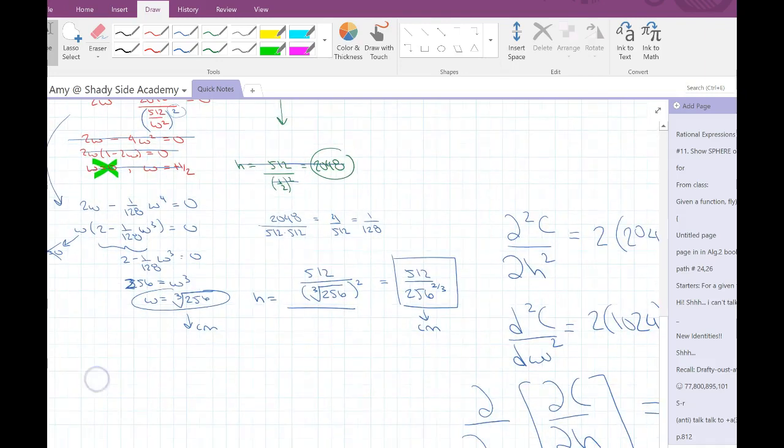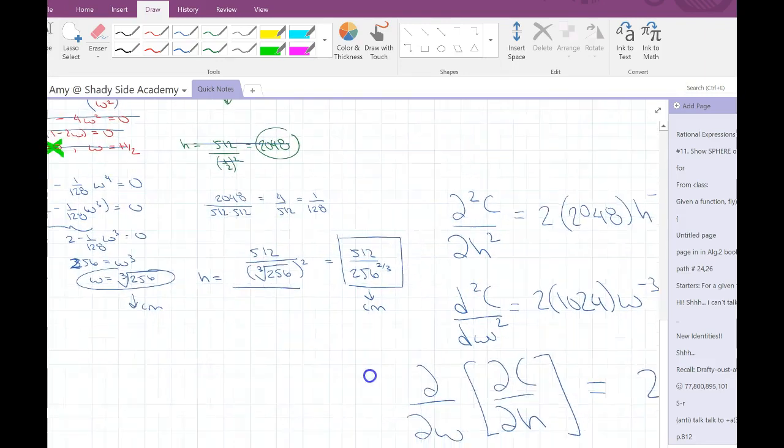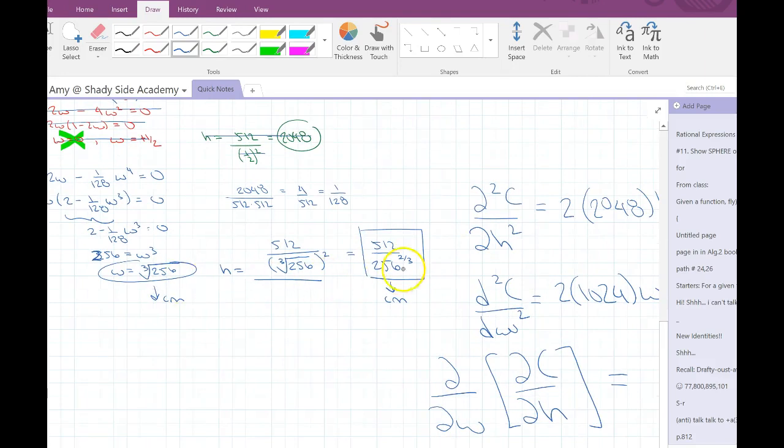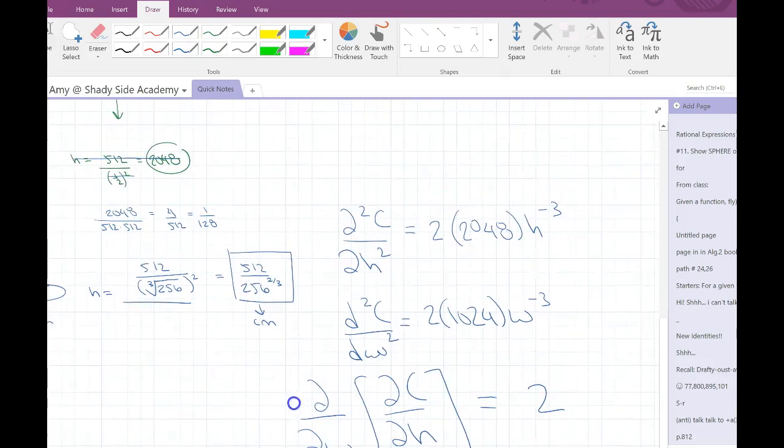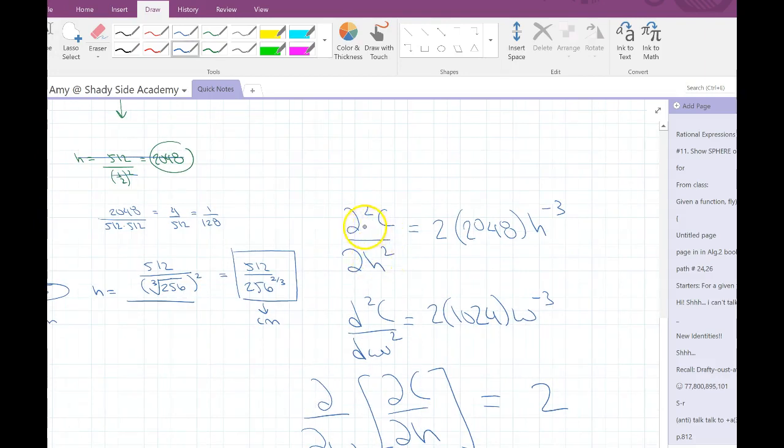Okay, so now I have to show that this occurs at a minimum, right? When W equals this number and H equals this number, cost is minimized. So the first thing I did here is look at the second derivative, d squared C by dh squared. For all values of H that are viable, in other words non-negative or non-zero, this is always going to be positive.